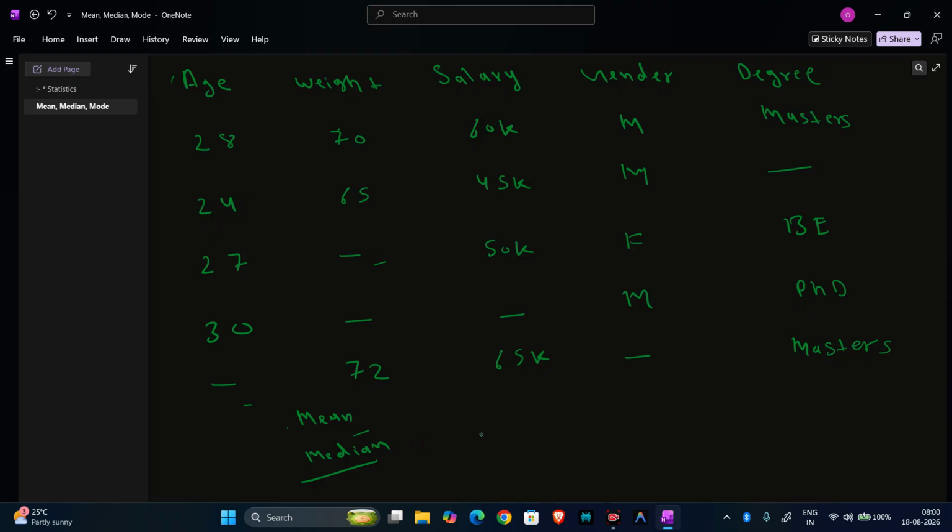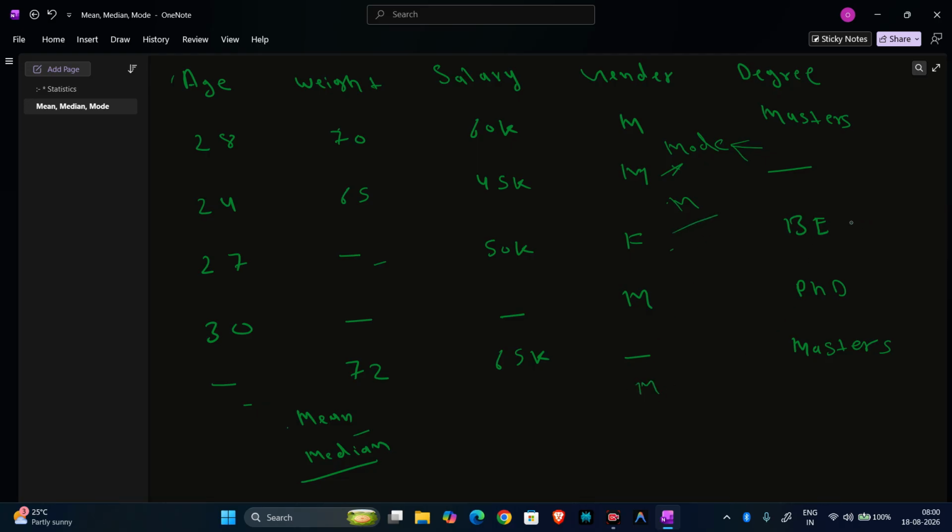And for gender or degree, we cannot use the mean, because here we have categories, male or female, and master, BE, PhD. So here we need to use the mode. The mode here is M, so we use M to fill this one.